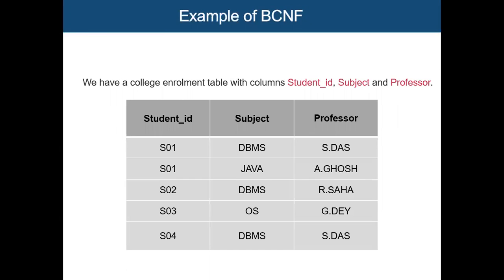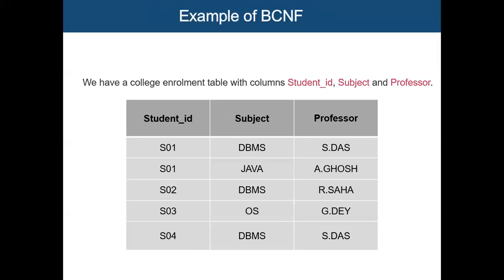For each subject, a professor is assigned to the student, and there can be multiple professors teaching one subject, like we have for DBMS. Professors Istas and Arsaha both teach DBMS.